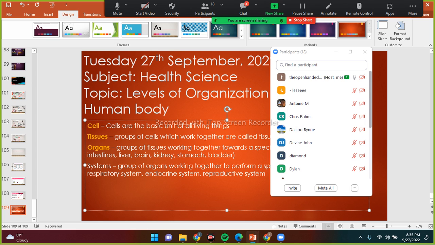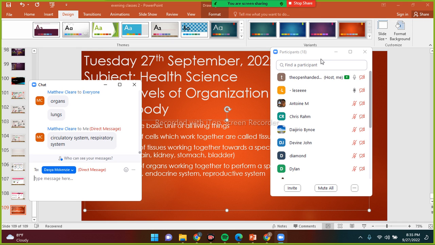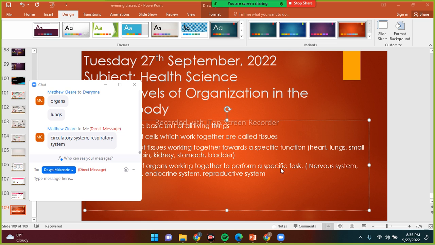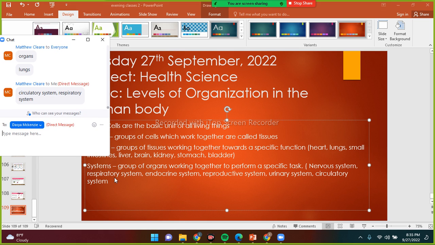Digestive system. Shalise, do you have any example of a system in the body? Urinary system. Very good. Mr. Matthew said circulatory system. Skeletal system. Yes, skeletal system.